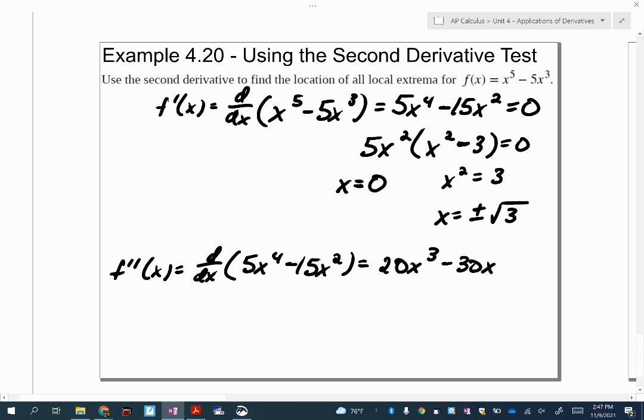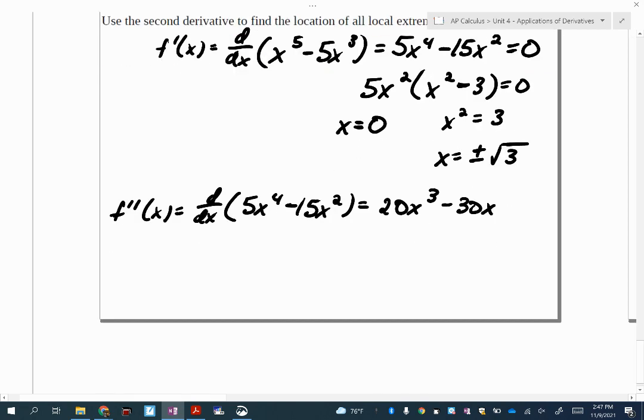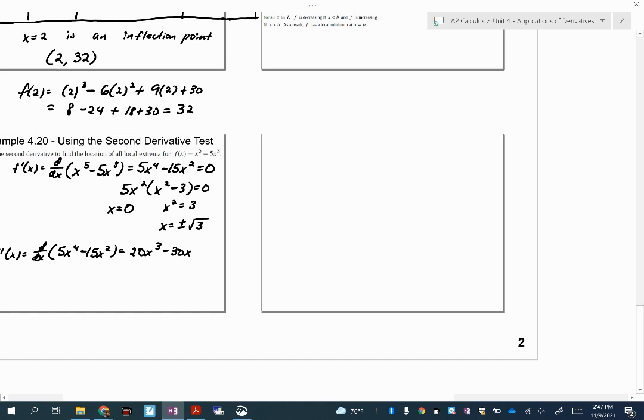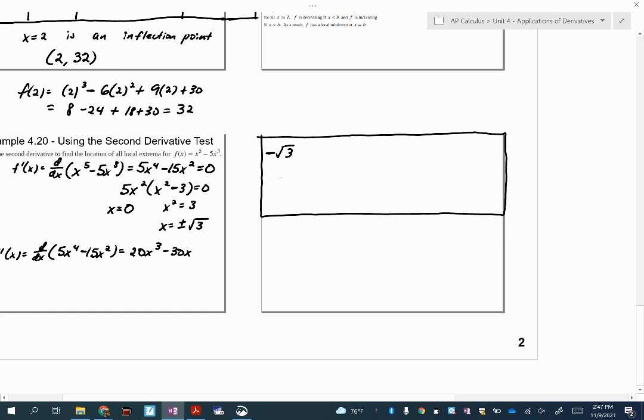If I make a table here, where I have my critical points of negative square root of 3, 0, and positive square root of 3, I want to plug them into the second derivative, and then I can make my conclusion based on the outcome.